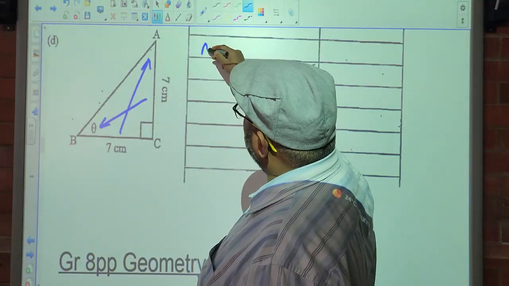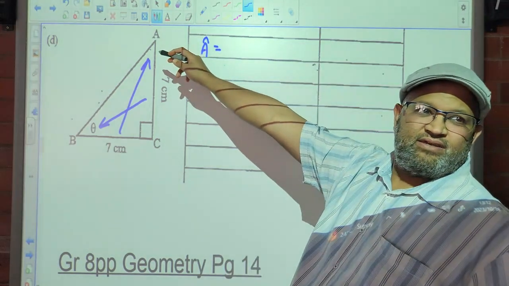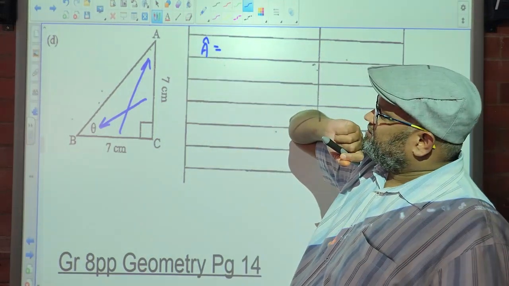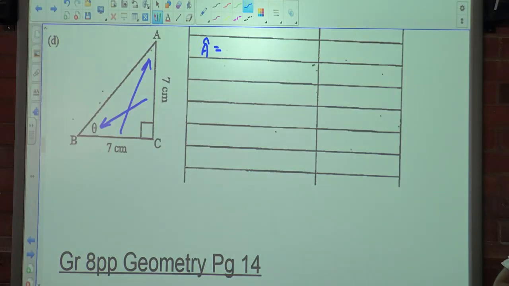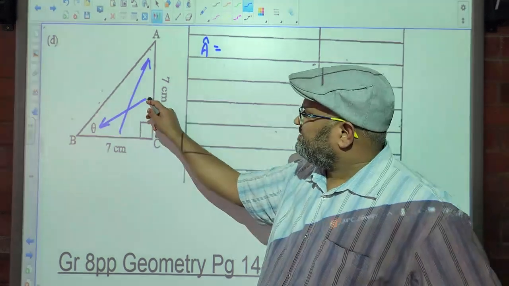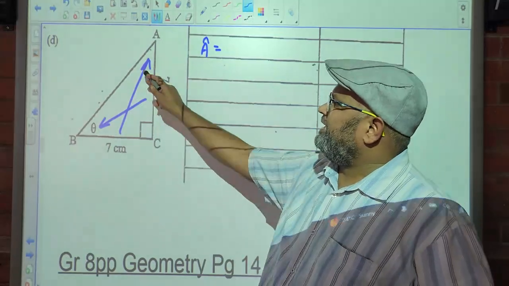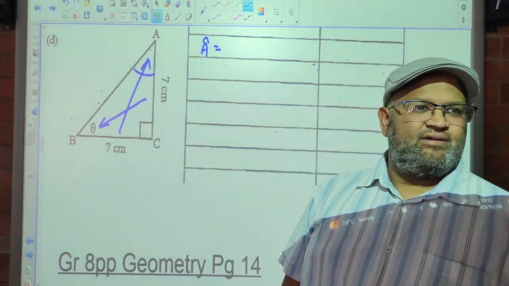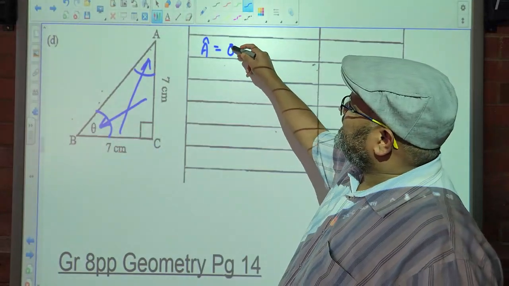So angle A is equal to? You see me right? Draw the arrows in here. Angle A is equal to angle B, which is theta there.